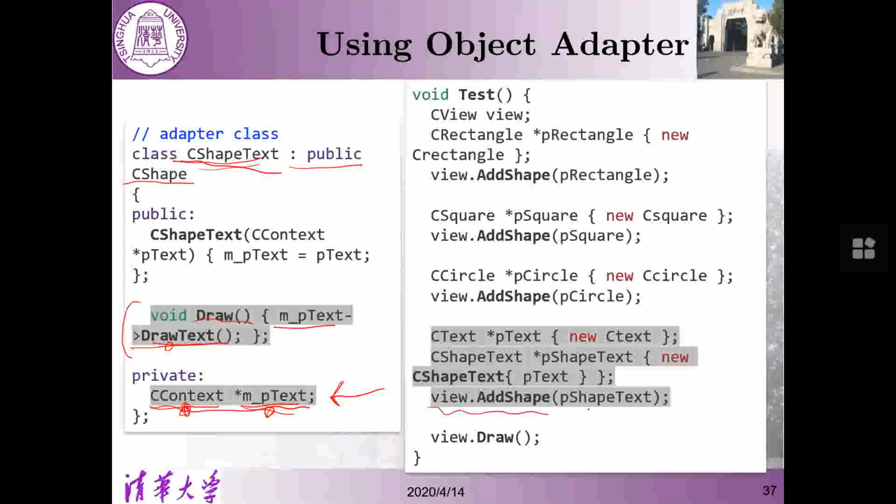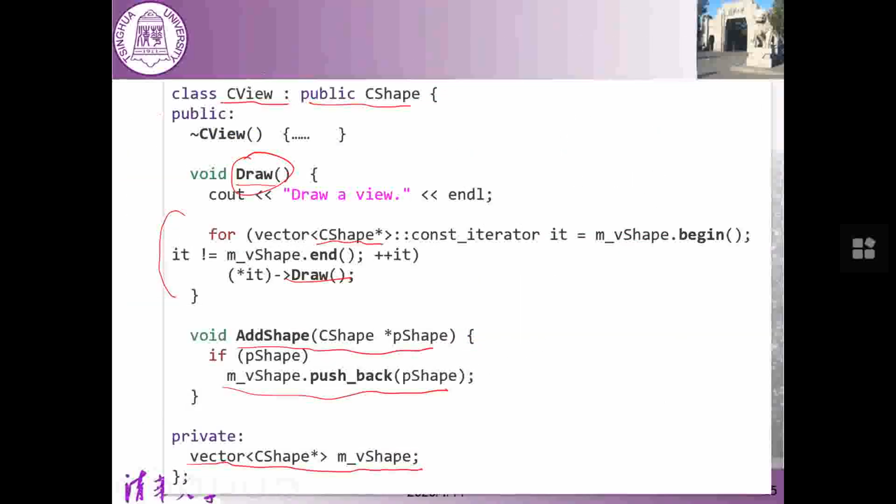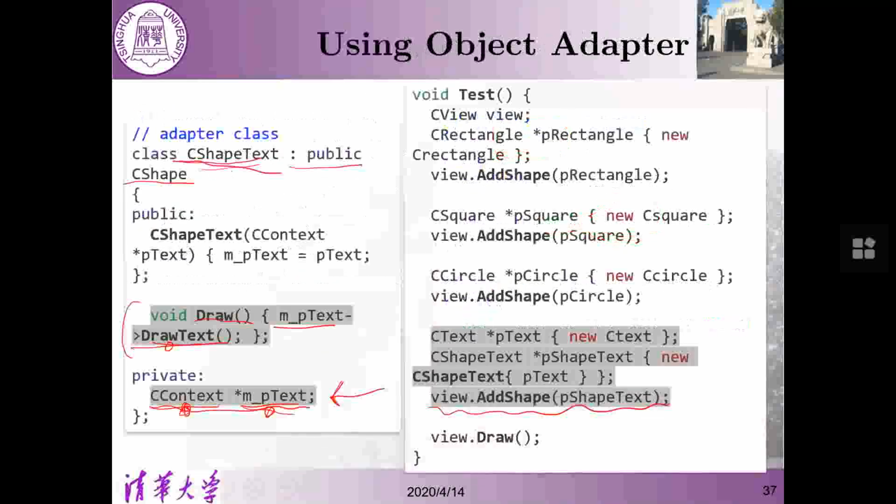By add shape, right? Because it is actually a C shape, right? So the C view class can add any C shape subclass pointers.